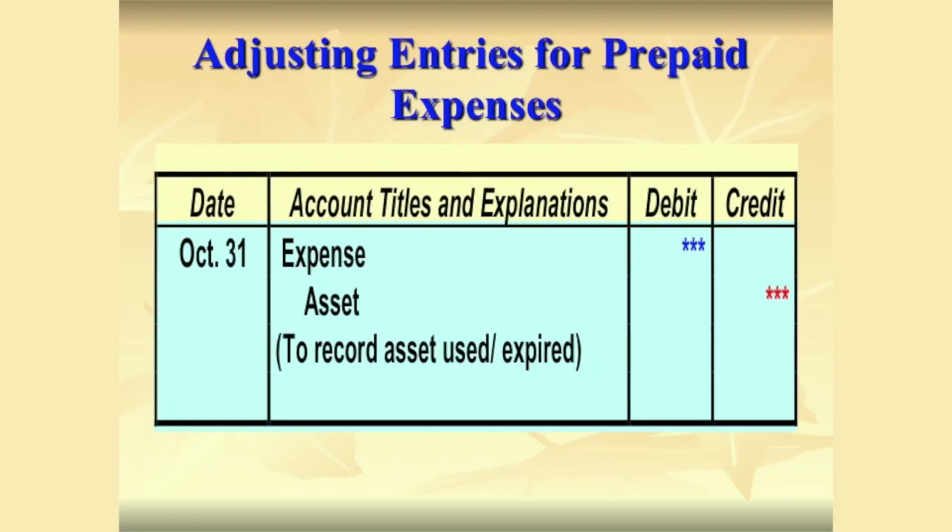For this adjustment, the expense or income statement account is increased and the asset or balance sheet account is decreased. If the adjustment for this prepayment is not made, the assets will be overstated and the expense will be understated.